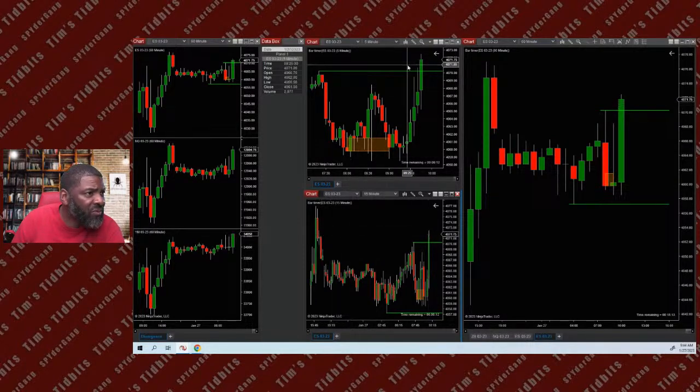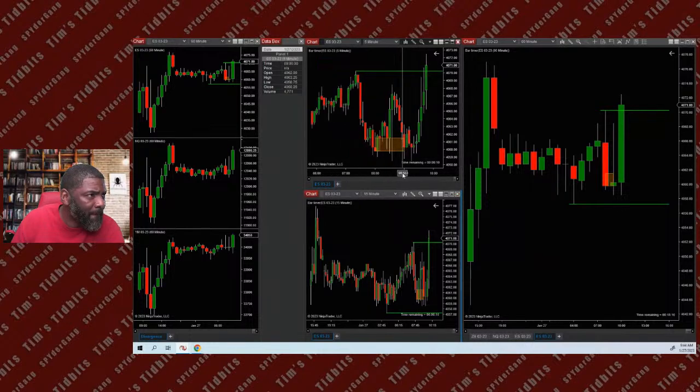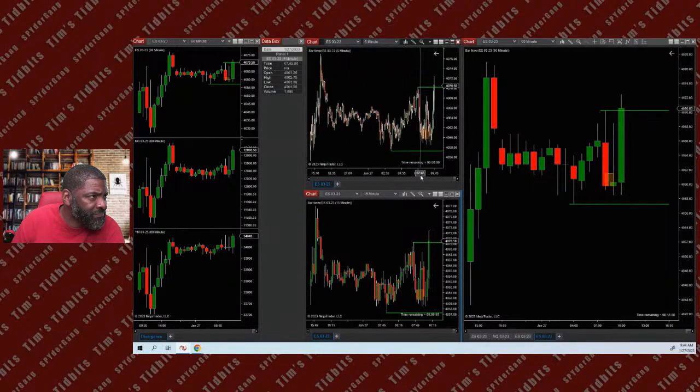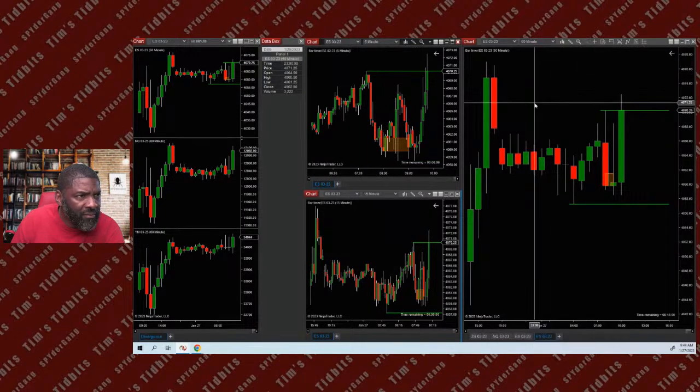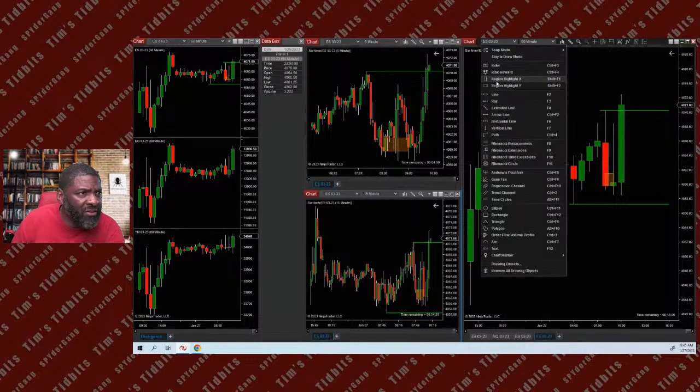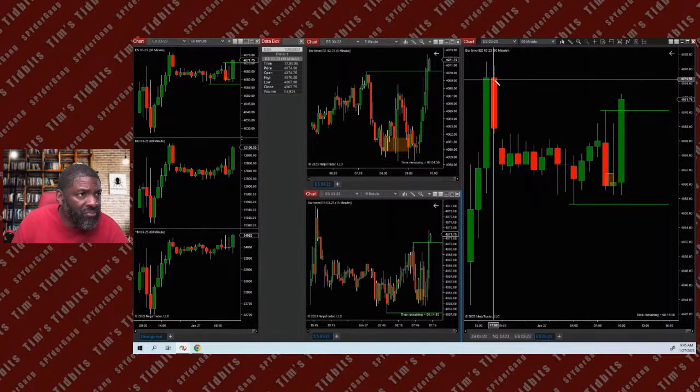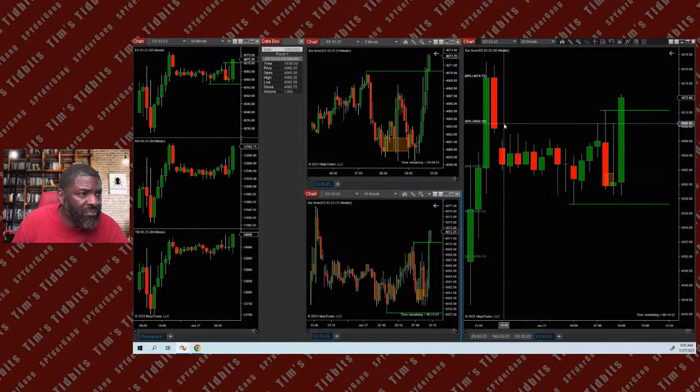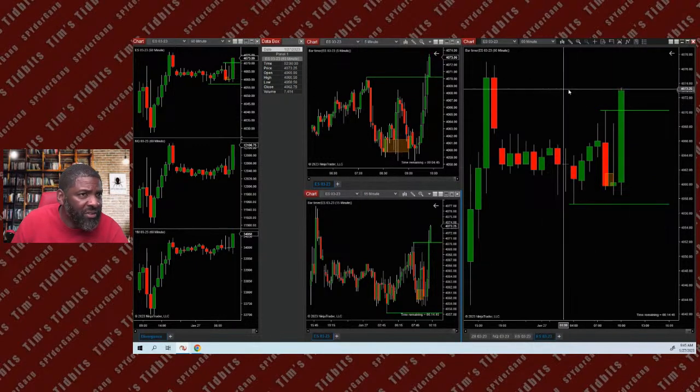We came wick for wick with that high. We're reacting off of the mean threshold of that order block, we're well above the mean threshold of that order block. We're pushing past that, disrespected that well. We're running now.